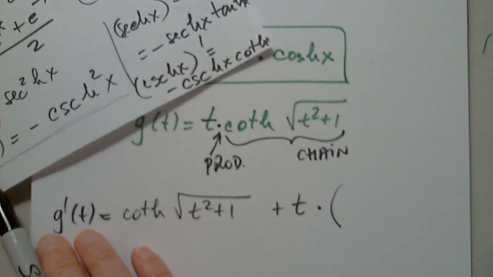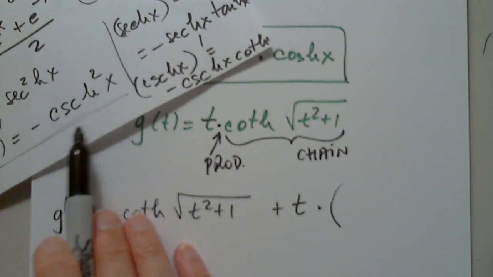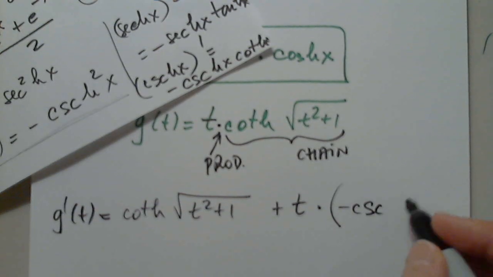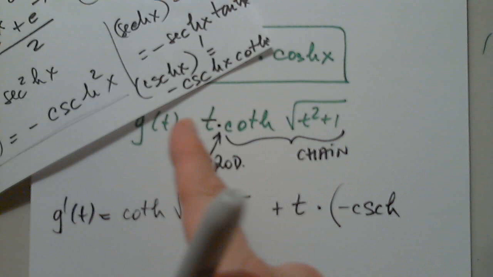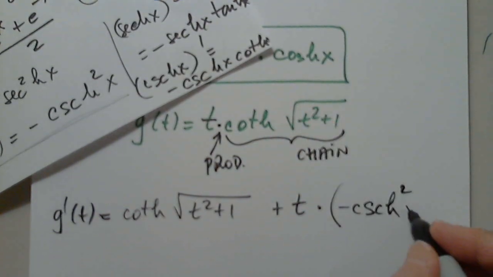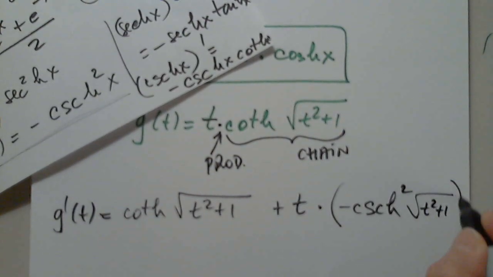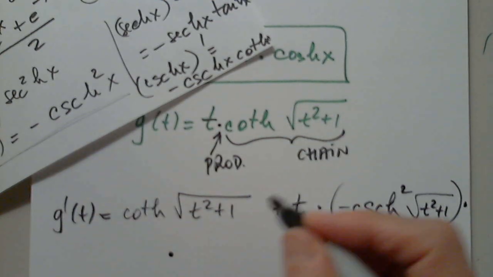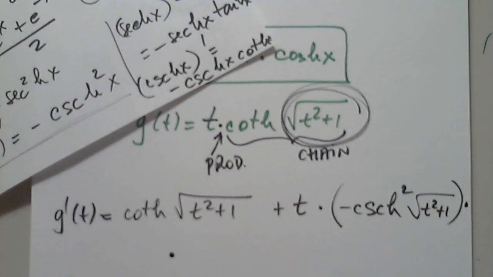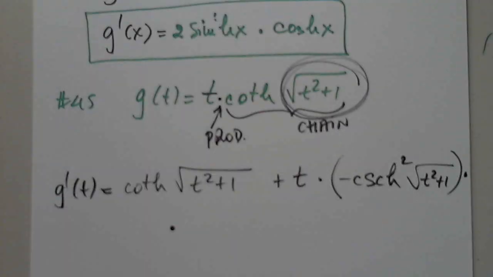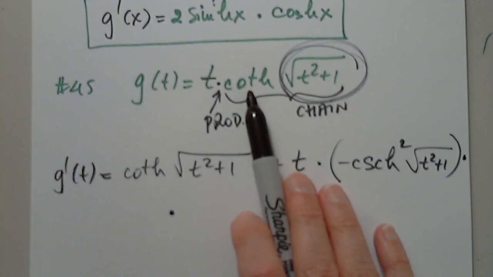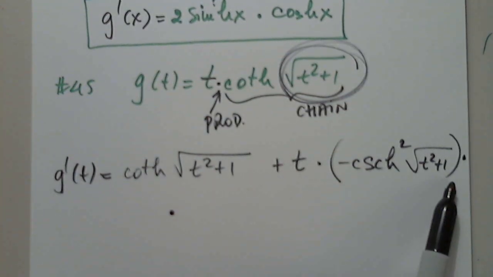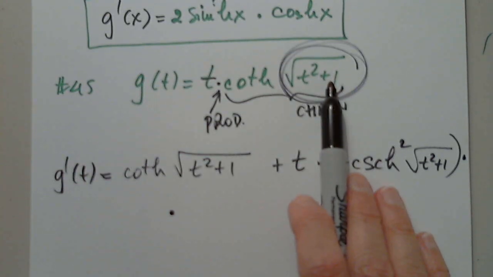So here is hyperbolic cotangent: negative hyperbolic cosecant squared, of course, of this, times the inner function prime. So t times the hyperbolic cotangent prime is this times the inner function prime.